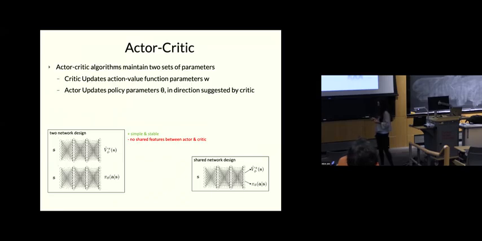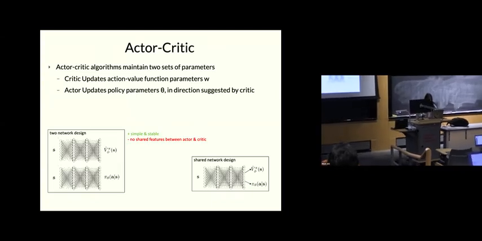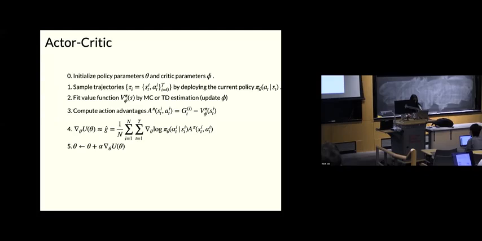Okay, so let's see how we're going to do it. We have two sets of parameters, the critic parameters and the actor parameters. The pseudocode looks like that. We'll initialize both of our networks randomly. We will be sampling trajectories by deploying our policy in the environment. We're going to be fitting value functions through regression using either MC targets or TD targets.